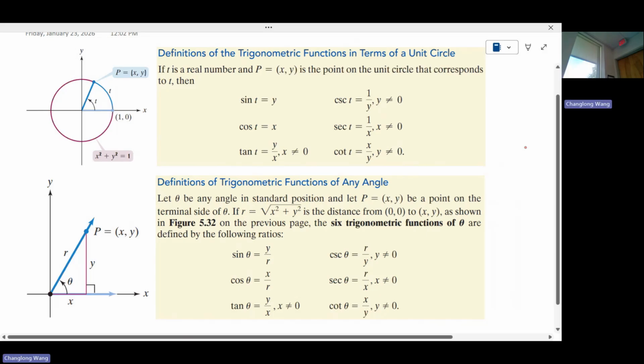All right, so I just want to know where you guys are in the test review. For the x, y, r definitions for the trig functions, how many of you are able to memorize them at this point? Use whatever tricks, like drawing the right triangle.